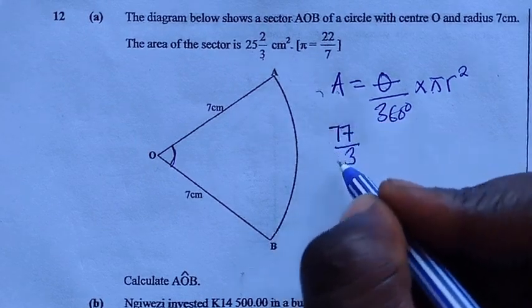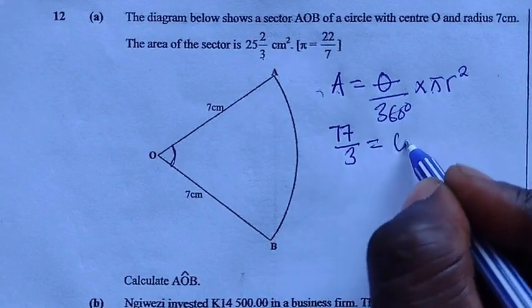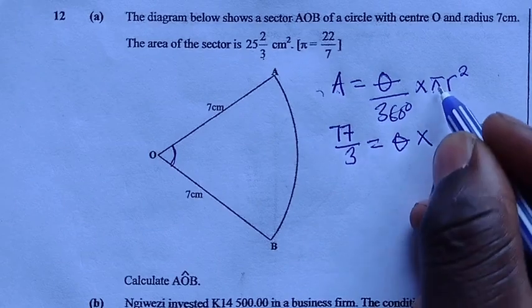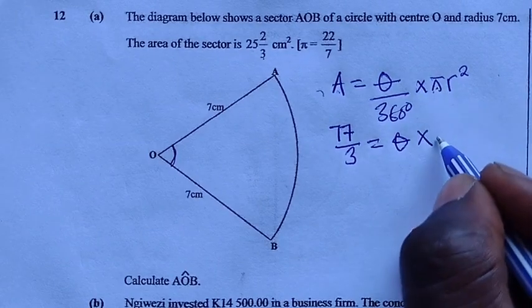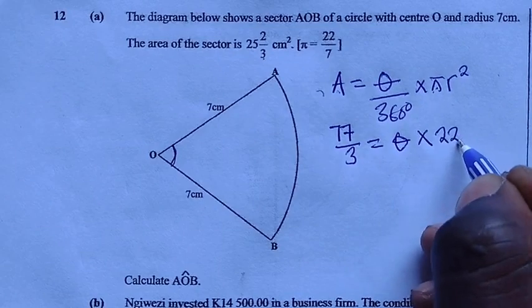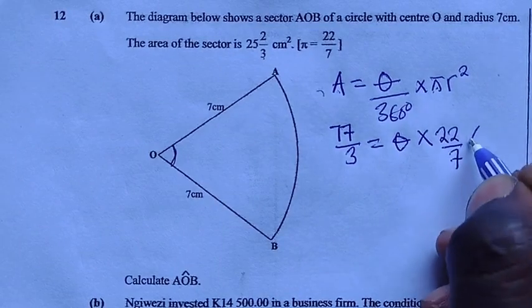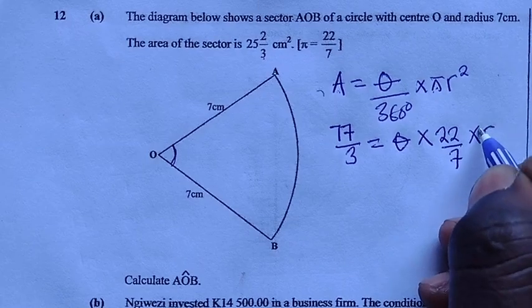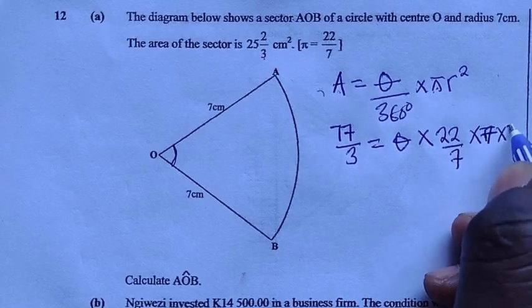So where there is area, I've put this area equal to theta over 360 degrees times pi, which is 22 over 7, times the radius squared, which is 7 times 7.